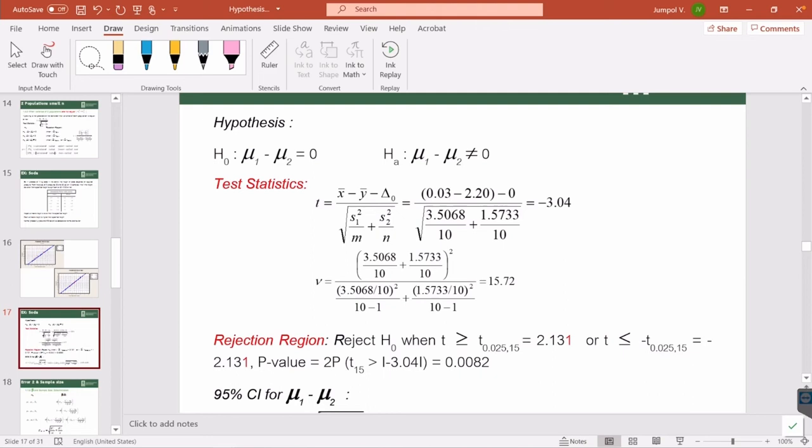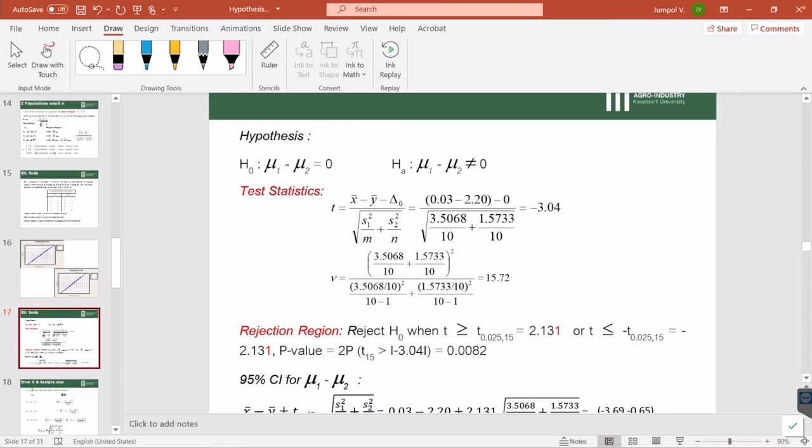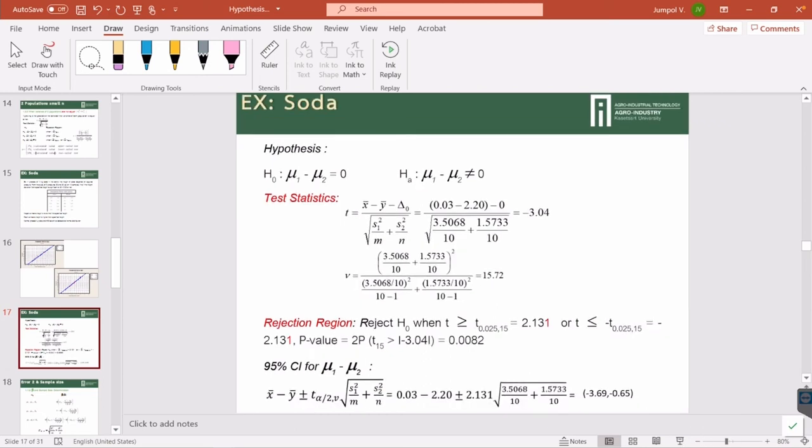Okay, so when using the t-test, you have to go through all these messy equations, and the result is, what is the result?